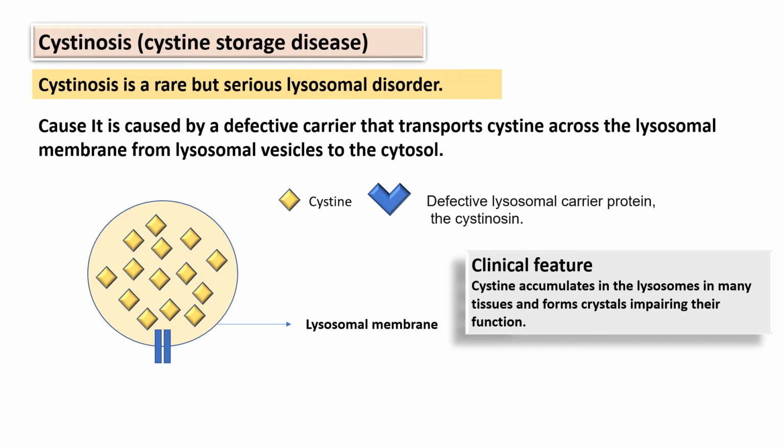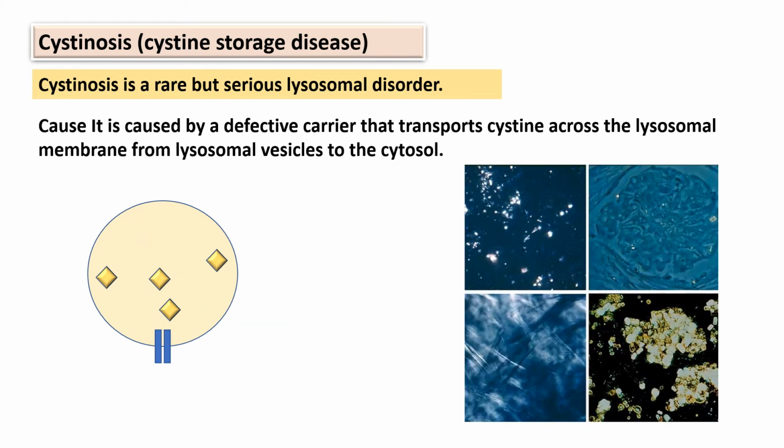The clinical features are because of the deposition of this cystine in the lysosomes of the reticuloendothelial system, which impairs function. The most commonly affected organs are kidney, liver, spleen, lymph node and bone marrow, but the main organ affected is the kidney. Here you can see how the kidney is affected.